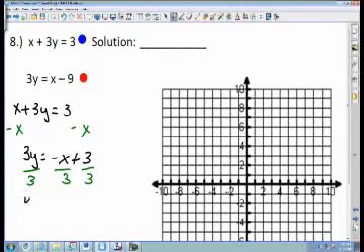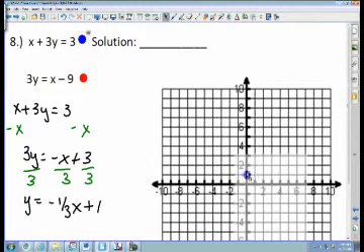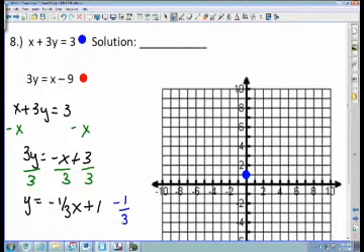I get y equals, well, what do you do with this? It is a fraction. It is -1/3 x, and then 3 divided by 3 plus 1. So let's graph this one. I'm going to start at +1. How does my slope tell me to move? Down 1 and to the right 3.